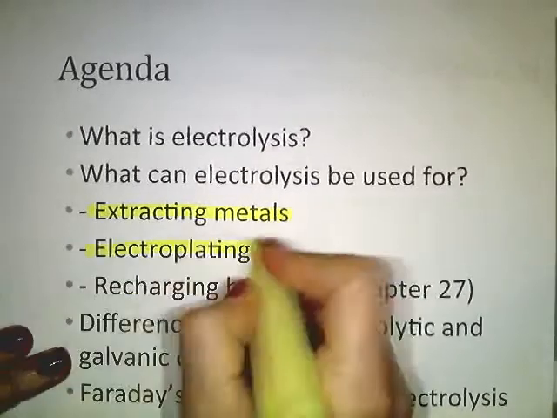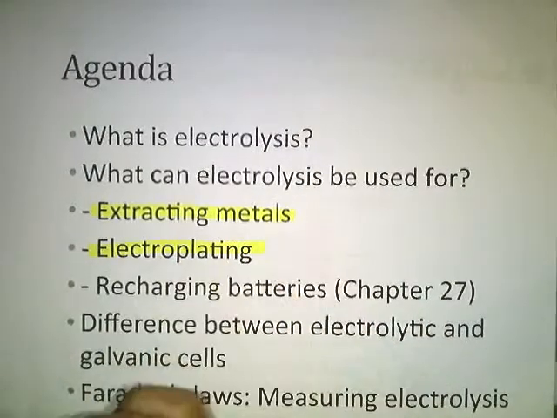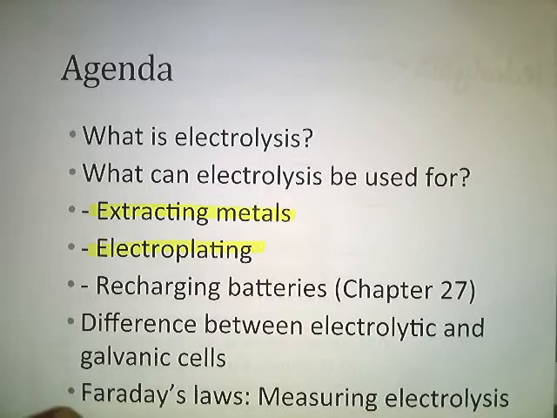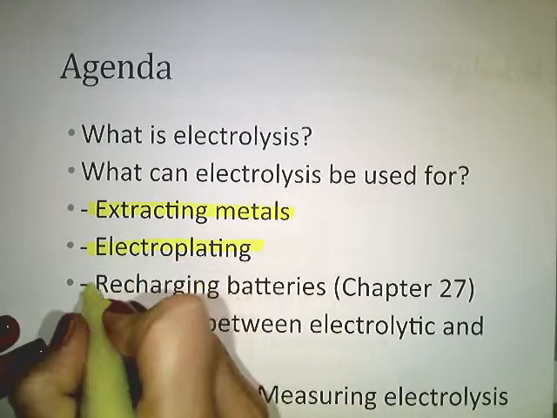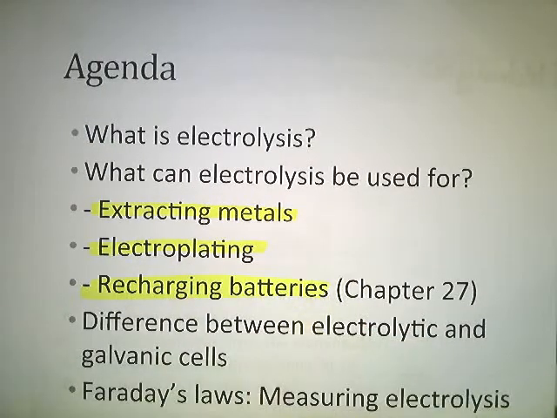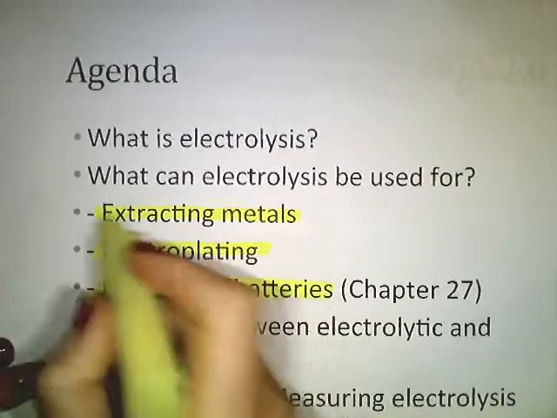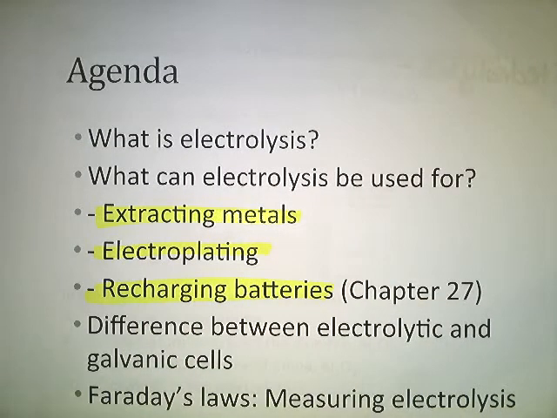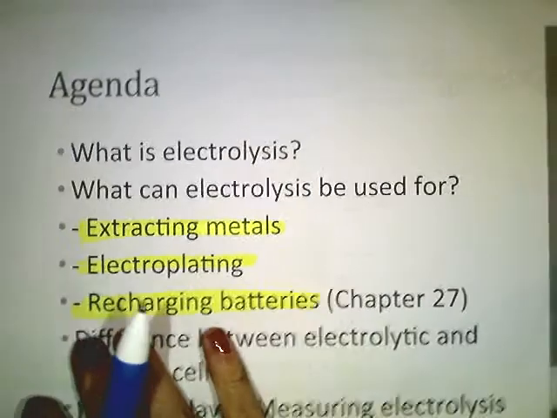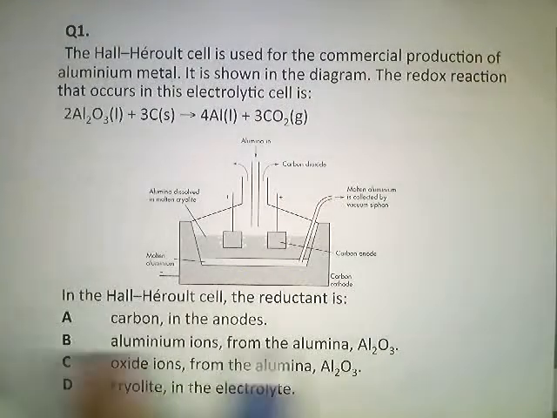We want to electroplate. We want to extract metals from their ores. And we want to recharge batteries. Not only extracting metals from the ores, but also from molten environments. Okay, so let's have a look.